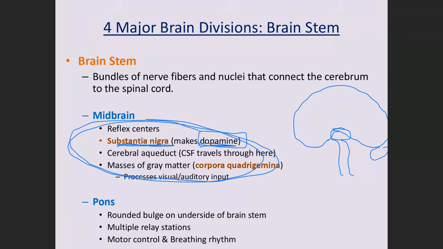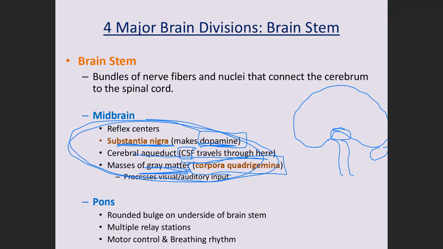You have your cerebral aqueduct with your CSF. So keeping in mind the CSF, or your cerebral spinal fluid, is a fluid that helps protect the brain. And we're going to talk about that in a moment. And then we have masses of gray matter also located here. And those masses of gray matter in the midbrain are called corpora quadrigemina. Okay.